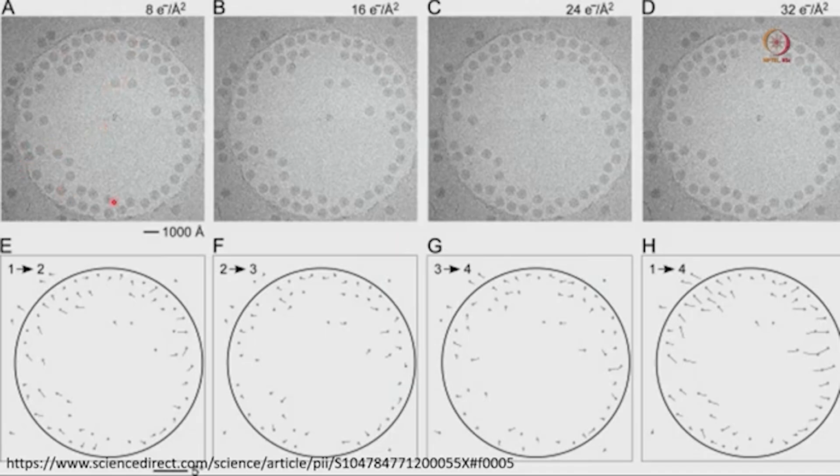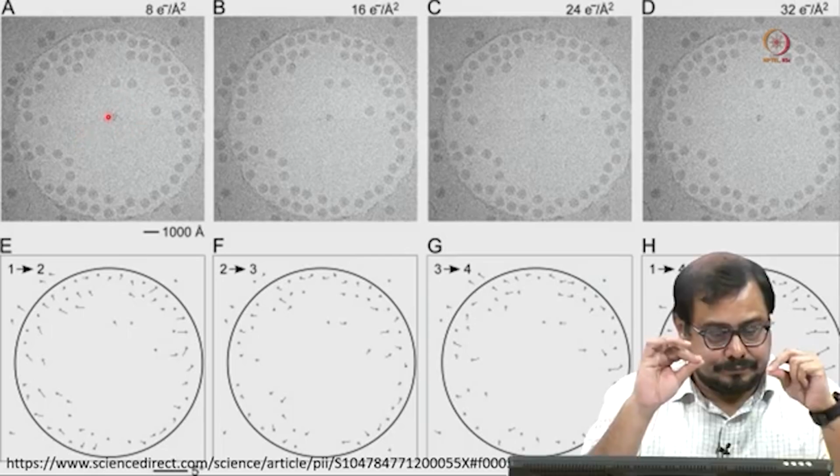Most of the time virus particles will try to stay near the carbon area, because the ice thickness near the carbon area will be much thicker than the central part, because the central part will be comparatively thinner ice.